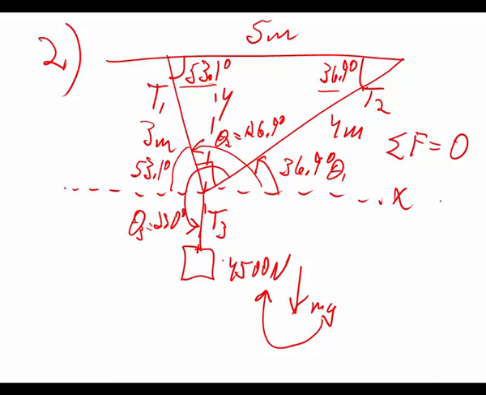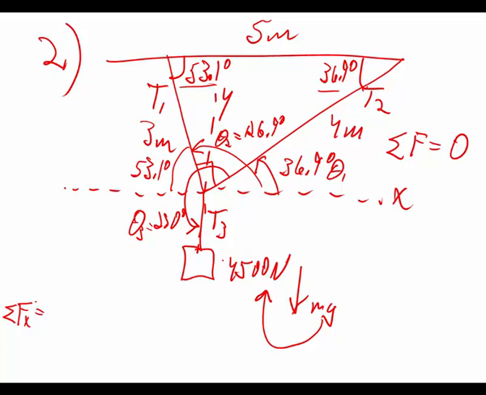Notice we have components. Notice that these vectors are at angles. So what do we have to do? We have to write an equation for the sum of the forces in the x direction. Well, how do we do that? We do it just like this right here.